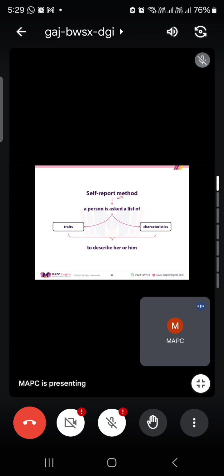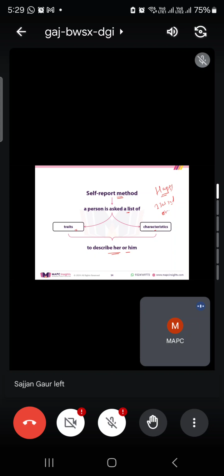In the self report method, a person is asked for a list of traits and characteristics that describe him or her. We ask the person to list the traits and characteristics which describe him, like: I am a happy person, sometimes I feel sad, I am optimistic.